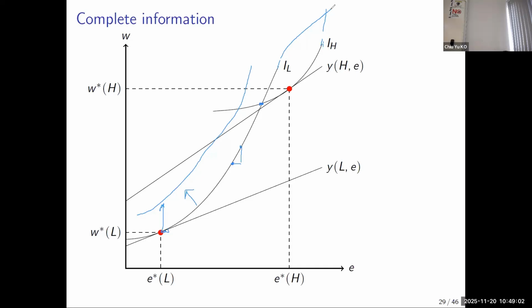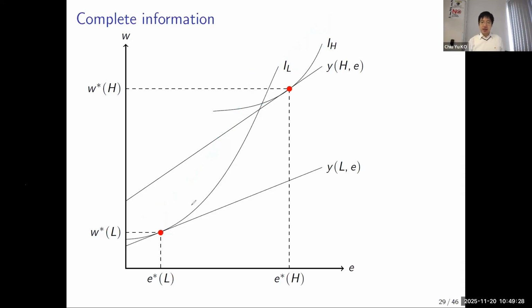And single crossing is needed because you want to have a separating equilibrium. If you don't have that, then the only equilibrium is pooling. So that makes the model more interesting, and later you will see why this is the case. If you don't have that, you can easily check only a pooling equilibrium exists.